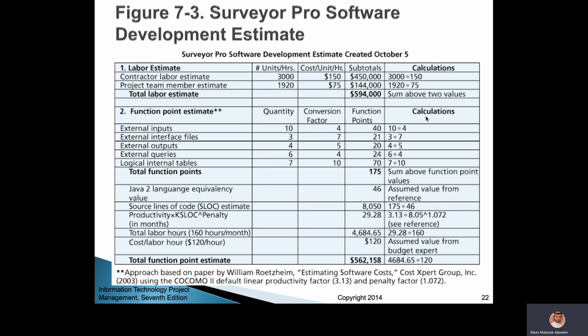And some of them have a calculation, like productivity times KSLOC to the power of penalty. This is for 1 month, and you can explain this further in another document if you need to. Otherwise, if it is known in the industry, then you just use this, and this information will be sufficient.